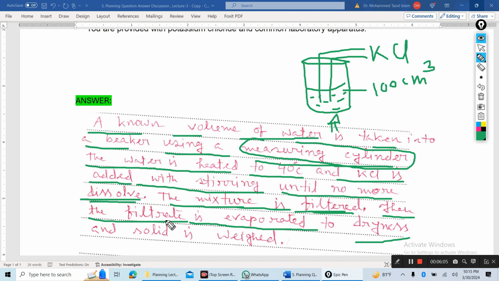The filtrate, the clear solution, is evaporated to dryness and the solid is weighed, and the mass of solid is taken. Then you can find out how much solid is dissolved at 40 degree centigrade in 100 centimeter cube of water.